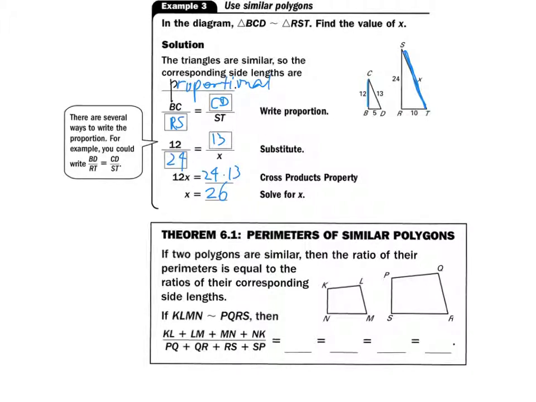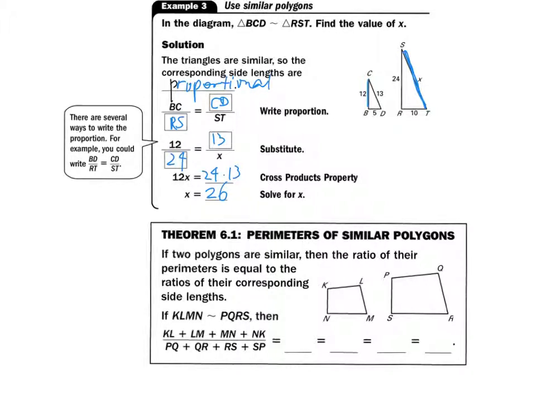So in this example, KLMN is similar to PQRS. Then the perimeter, you add the four sides together in the small polygon on the left, and then you add the sides together of the bigger polygon on the right.